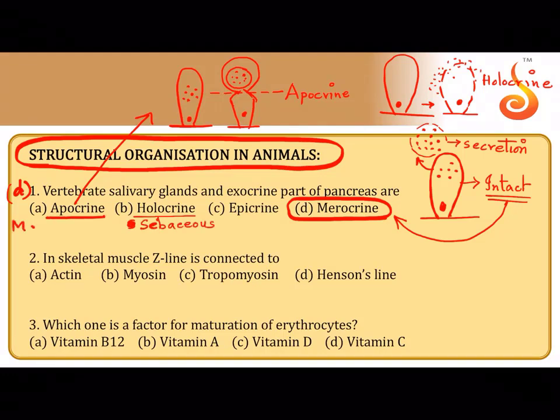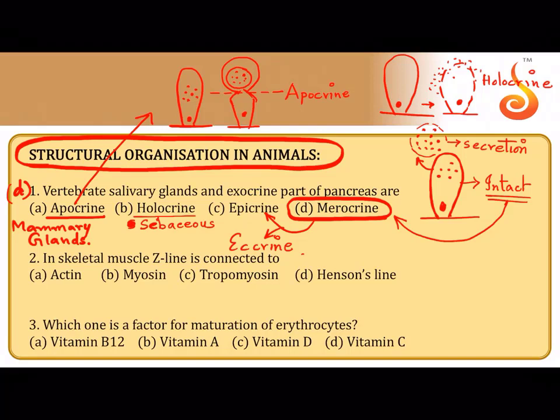And apocrine, the best example is mammary glands. Another name for merocrine glands is epicrine, or there is another name that is called the eccrine glands. So remember, this is based on what is the fate of the cell once it gives out its secretion.